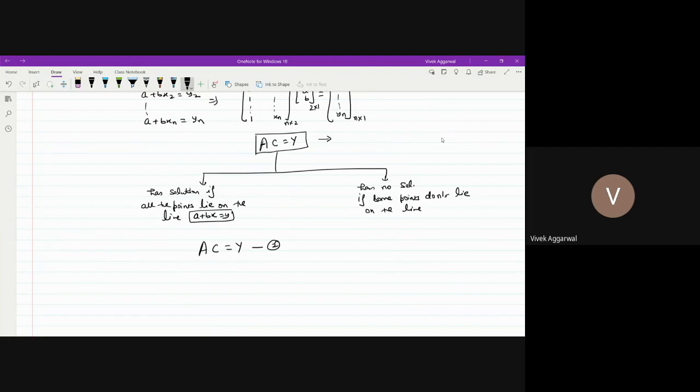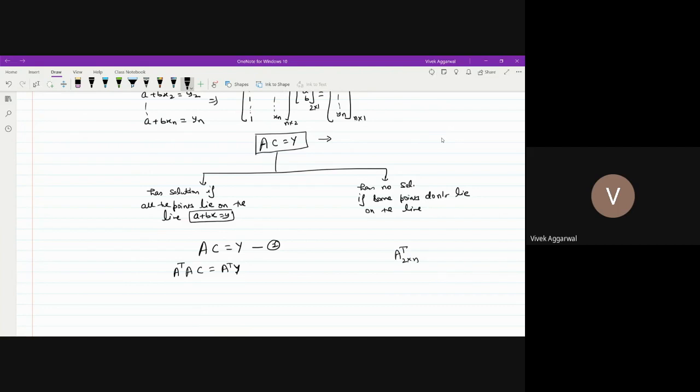Now I pre-multiply equation 2 by A transpose, so I get A transpose A c equal to A transpose y. If A is n cross 2, then A transpose is 2 cross n.